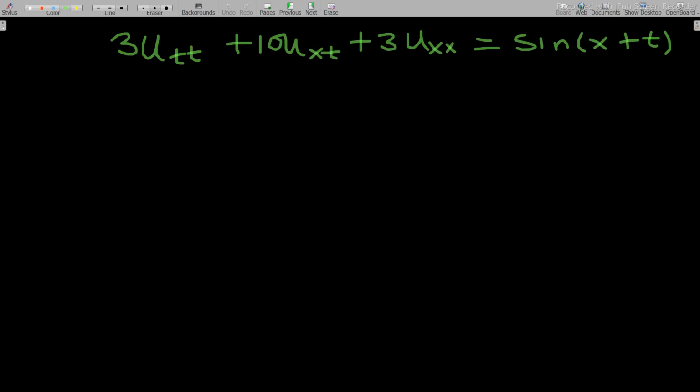Wow, you have a wave equation with a source, and we have other terms inside as well. But mind you, this is a very simple second order PDE that we can solve.